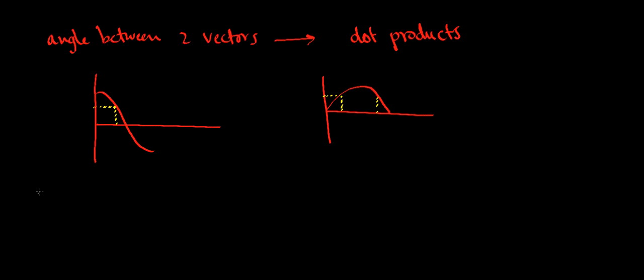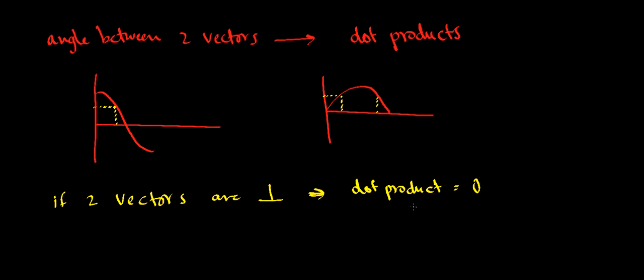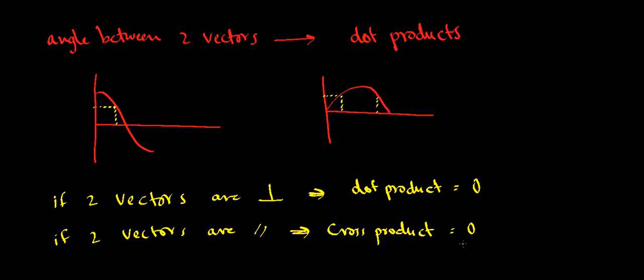So we said that if two vectors are perpendicular, this means the dot product is equal to 0. Well, if two vectors are parallel, the cross product is equal to 0.